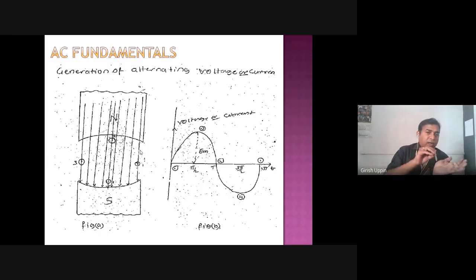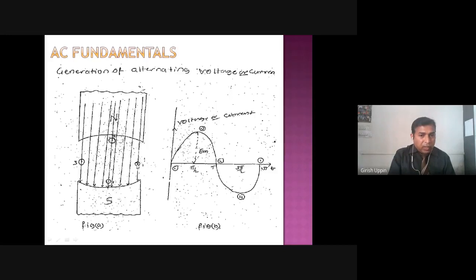If the conductor and the magnetic lines of force are in the same direction, the amount of magnetic flux cut by the conductor will be 0, isn't it? When I say magnetic flux cut by the conductor, it means flux linked with the conductor. So the flux linked with the conductor is 0. Whenever the flux linked with the conductor is 0, EMF will not be produced.